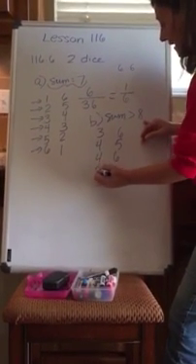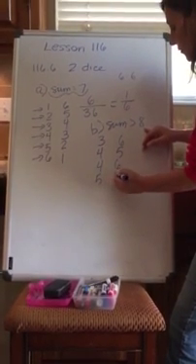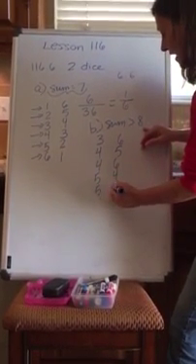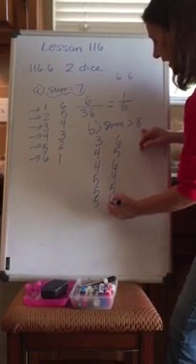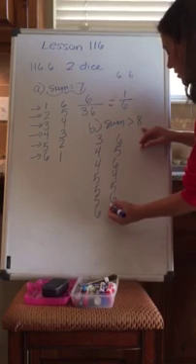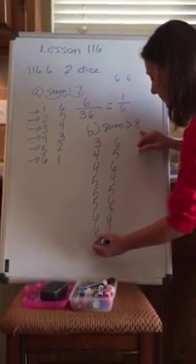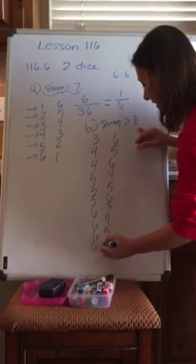Now what if I go to 5? 5 and 3 is 8, so I can roll 5 and 4, I can roll 5 and 5, I can roll 5 and 6. Now we go to the 6. I can roll 6, not with 2 because that's 8, but with 3, 6 with 4, 6 with 5, and 6 with 6.